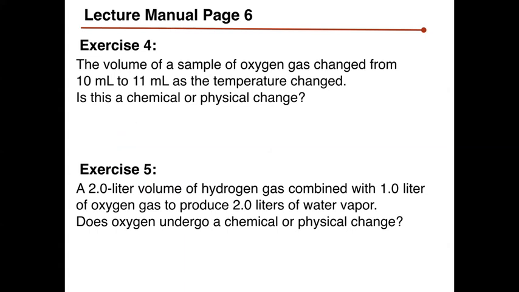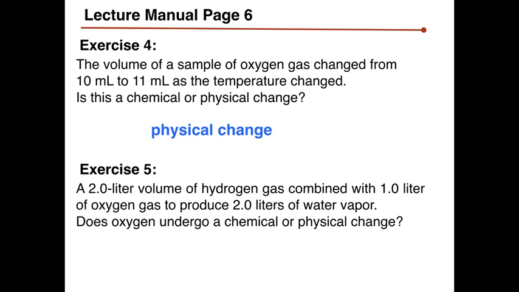Now let's take a look at exercise 4. The volume of a sample of oxygen gas changed from 10 milliliters to 11 milliliters as temperature changed. Is this a chemical or physical change? The answer is physical, because oxygen still is oxygen, right? The volume just expanded.